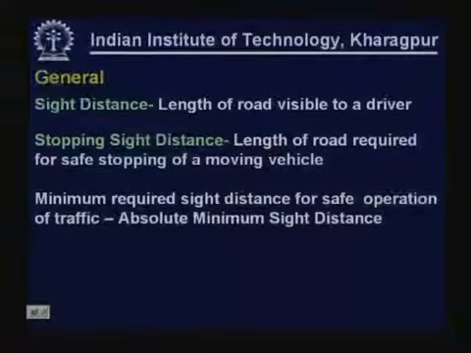There are possibilities that in the available sight distance, there could be some sorts of obstructions. Obviously, for a straight road on level ground, there is no problem in terms of the sight distance.